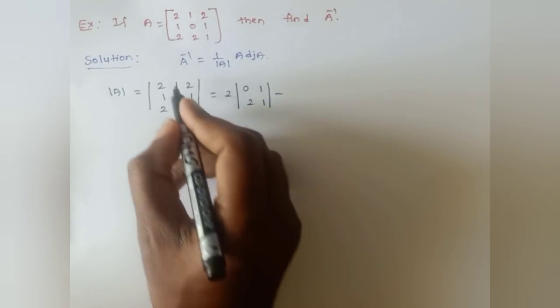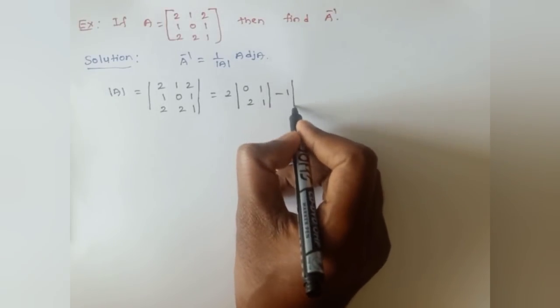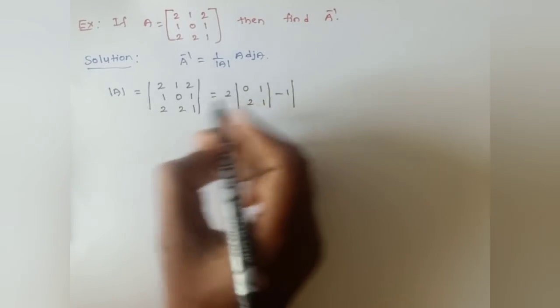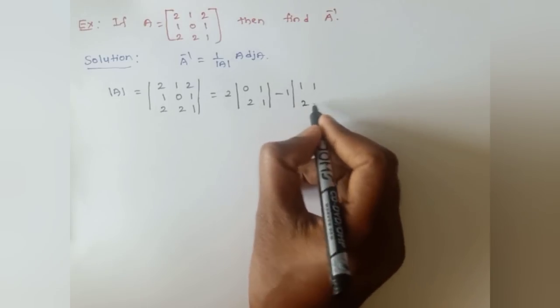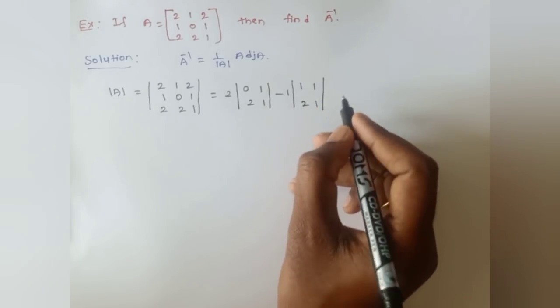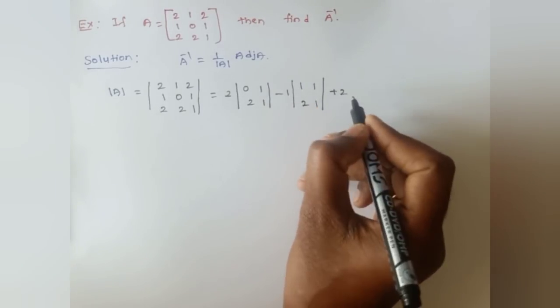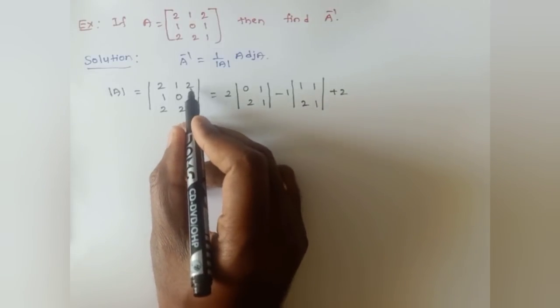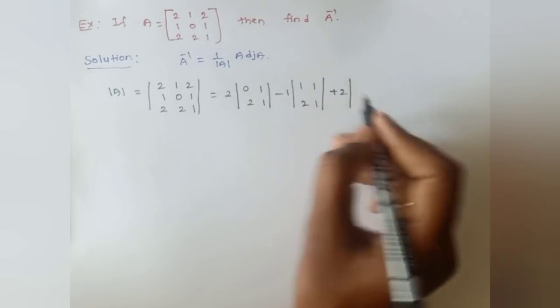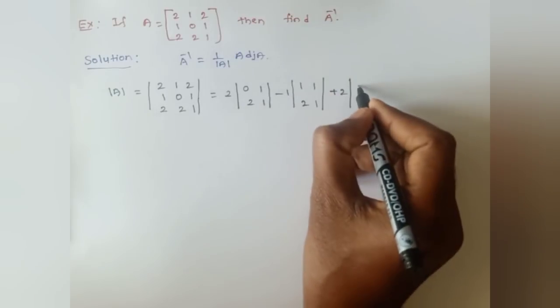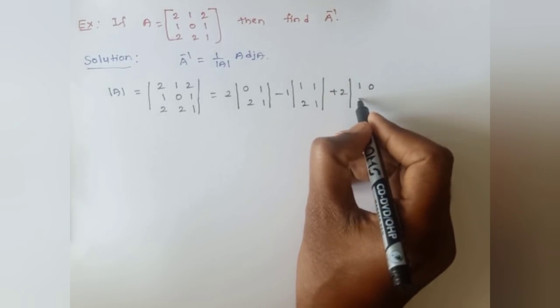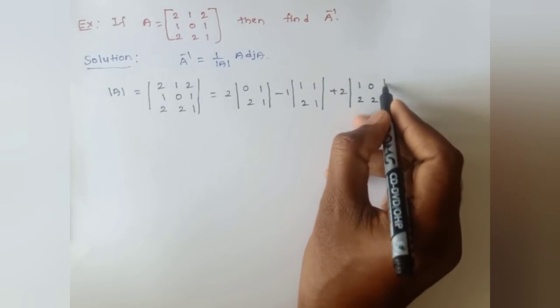Next is a negative sign, the element is 1, the minor of 1, by deleting its row and column, is 1, 1, 2, 1. Then the sign is plus, the element is 2, and by deleting this row and column, the rest of the elements are 1, 0, 2, 2.